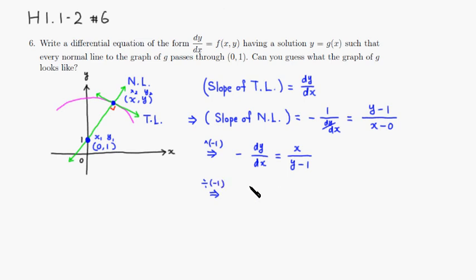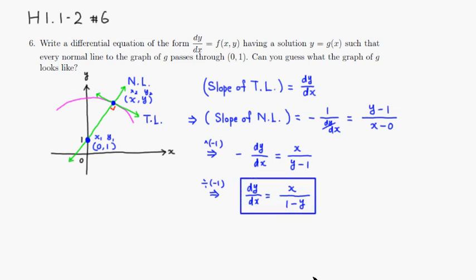That way we have an equation of the form dy over dx equals. Instead of putting a negative sign in front, I'll keep x as it is and multiply the denominator by negative 1. That's going to be negative y plus 1, so I'll write it as 1 plus negative y, or 1 minus y, I should say. So this is the differential equation that we're looking for.